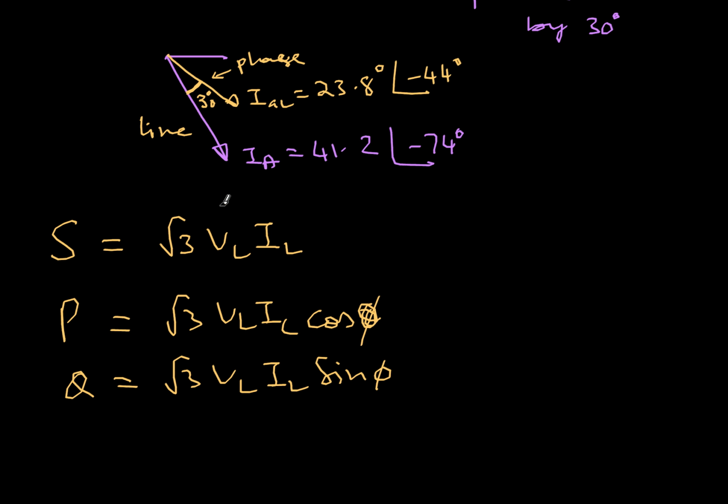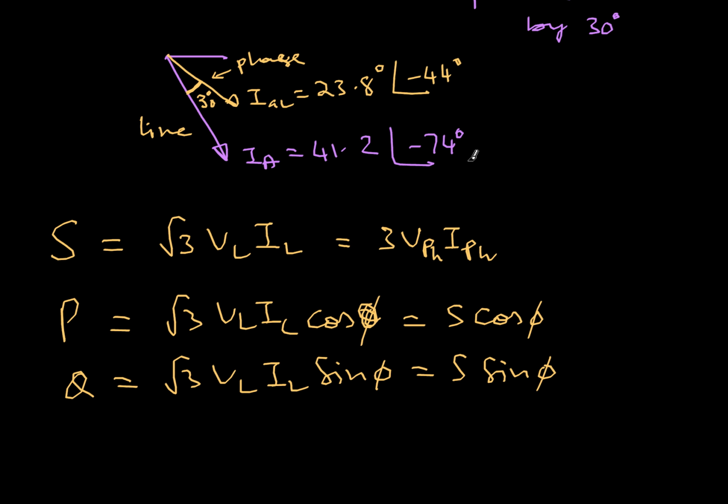This is nothing but S cos phi and S sin phi, where phi is the phase angle of the load, that is, the power factor of the load, cos phi. This is also 3 times V phase times I phase. You can just verify that here.